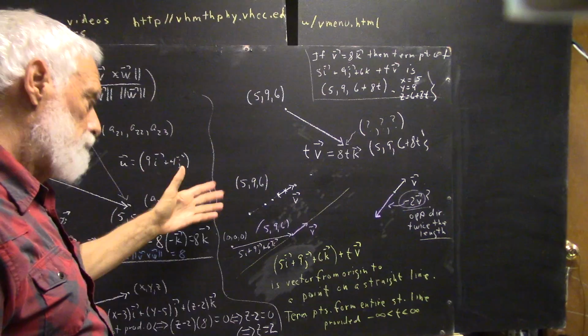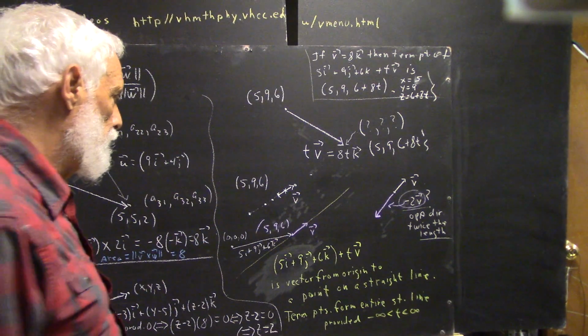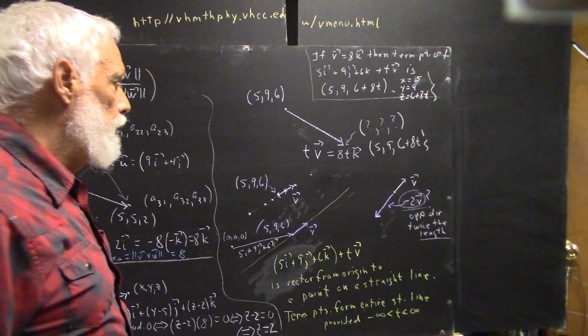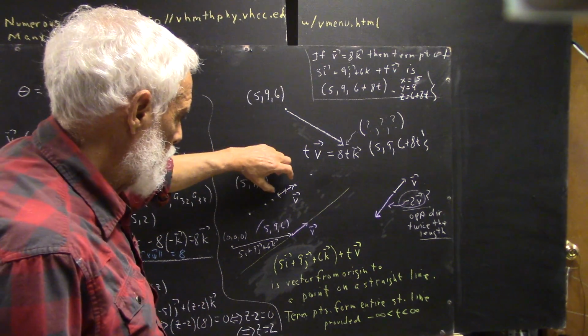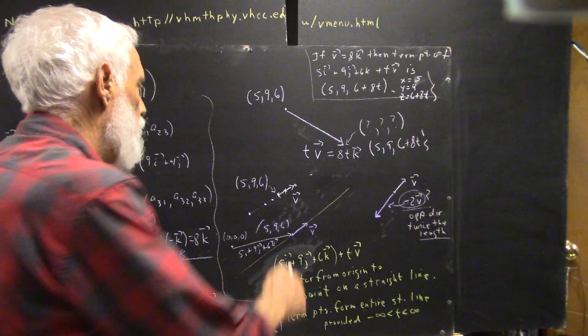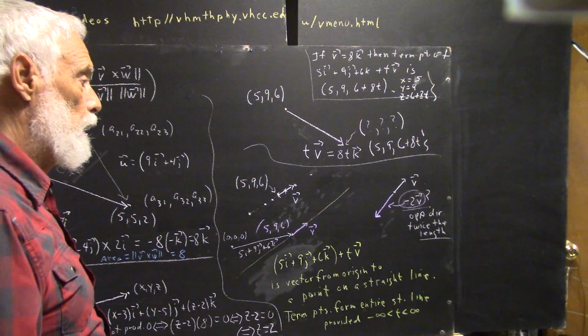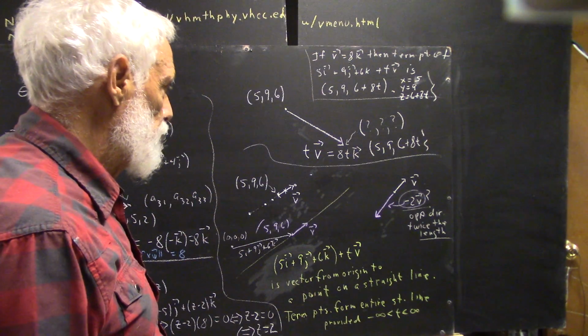Now we go a little further with this idea, and I've redrawn the situation. 5, 9, 6 is going to be here. Now we're looking at this same vector from a different perspective, and the V vector might go in this direction. There's no reason that the vector should be in one direction or another, because we're just using our diagram as a schematic.